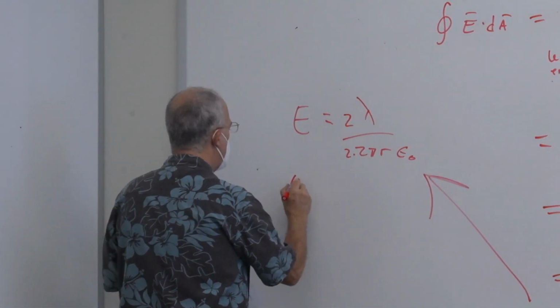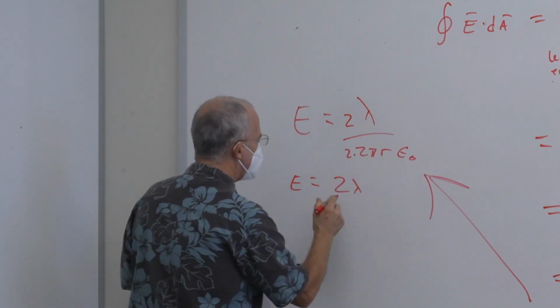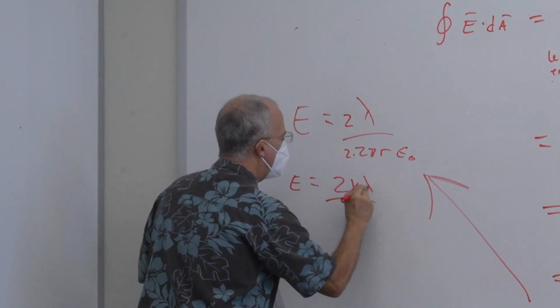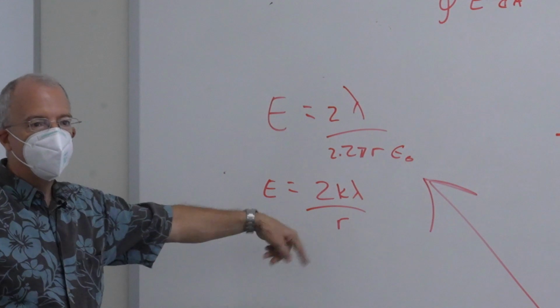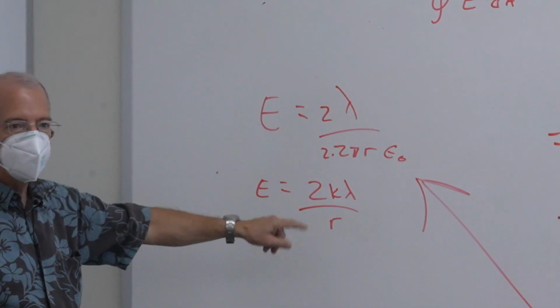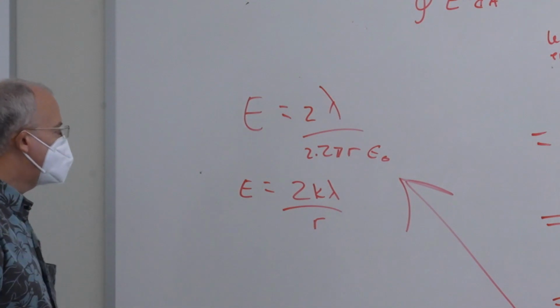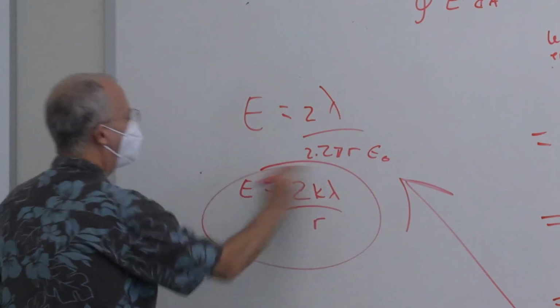Now I have E equals 2 lambda over 4 pi epsilon naught r. So I just have 2k lambda over r. Would you agree? Okay, so there it is. That's the answer. Whoa!